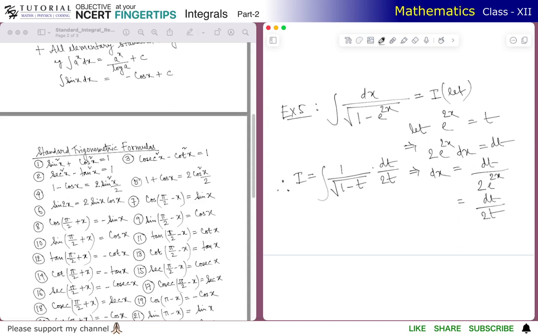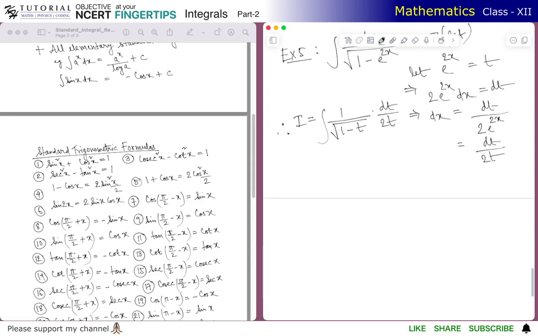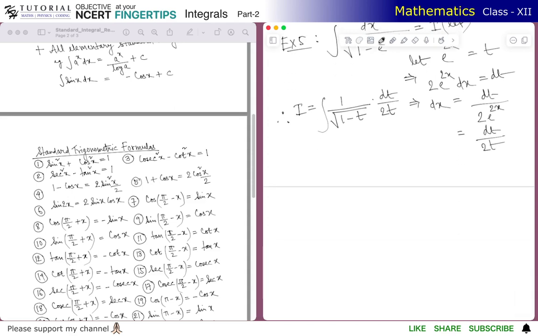To split it into two terms, we can replace 1 with 1 minus t plus t, and over here we have 2t root 1 minus t dt.